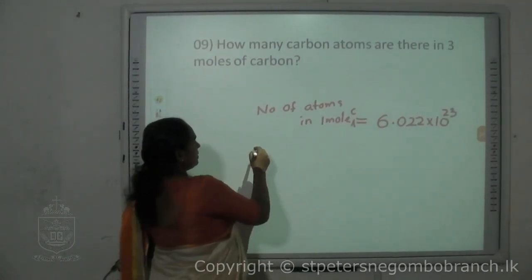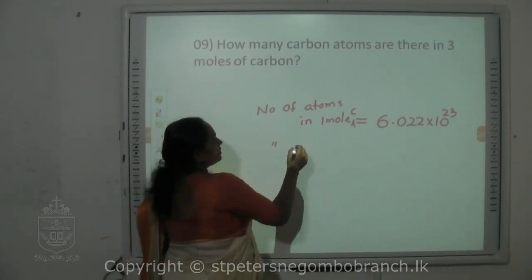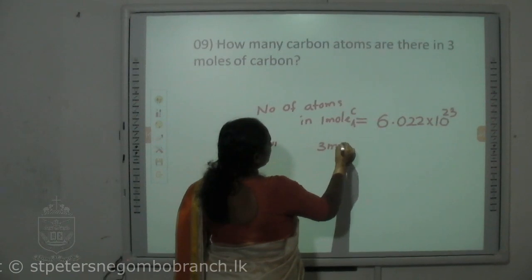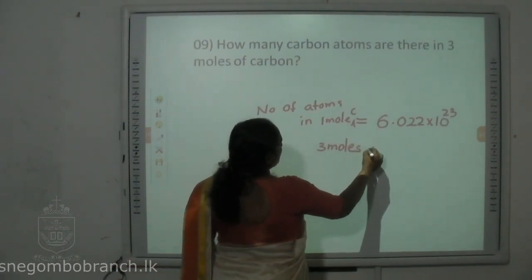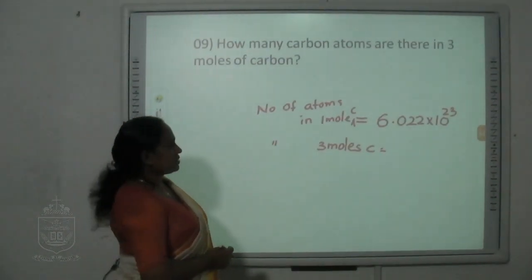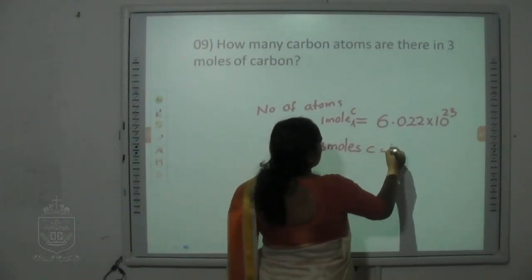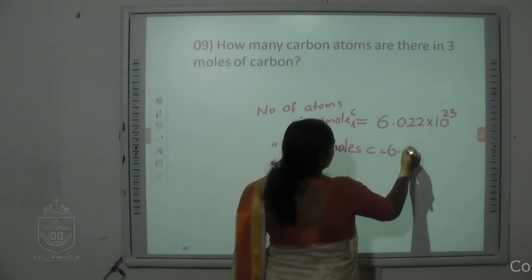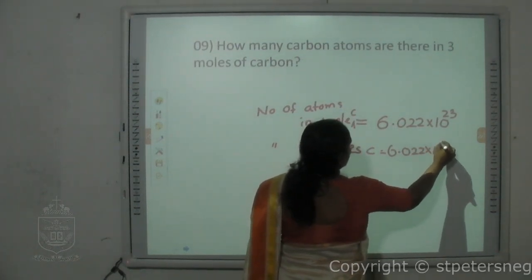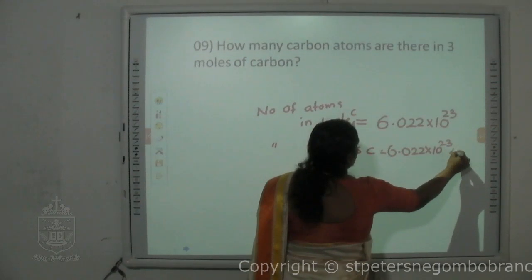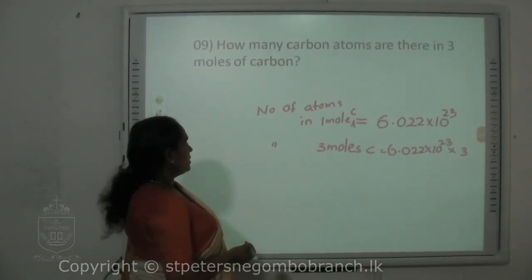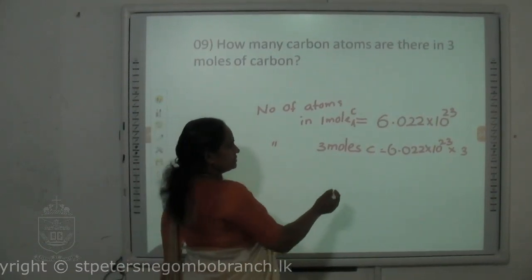Then we have to find out again the number of atoms in 3 moles of carbon. 6.022 into 10 to the power 23, times 3 moles of carbon.